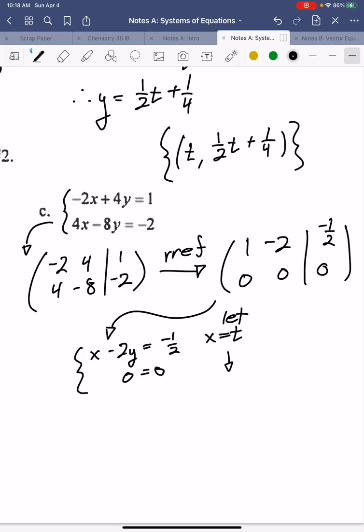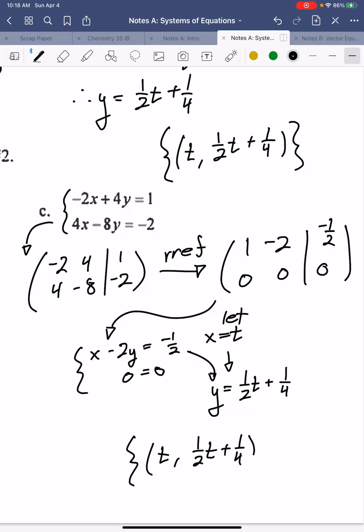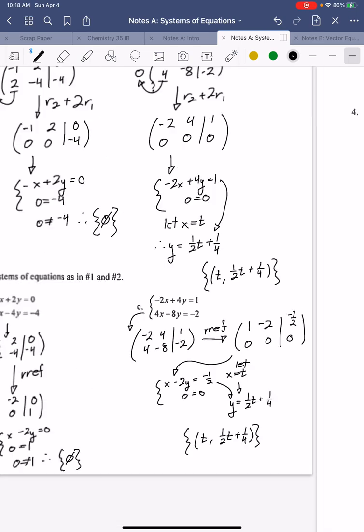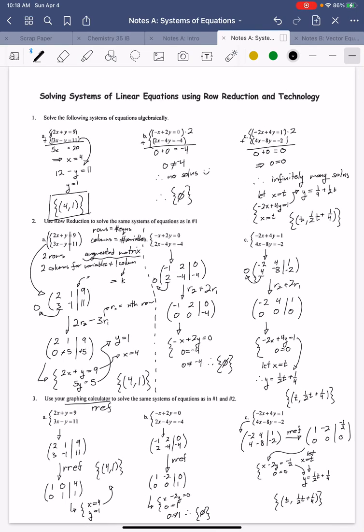So plugging it into y, we have y equals 1/2 t plus 1/4. Okay, so in our little solution thing, we're going to have (t, 1/2 t plus 1/4). And there we go. That's how to do that one.